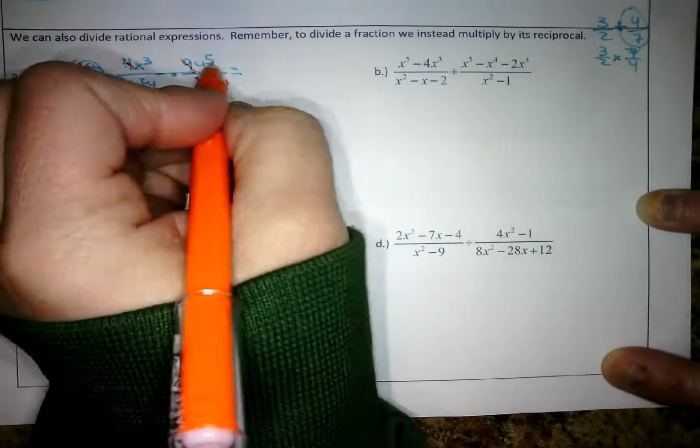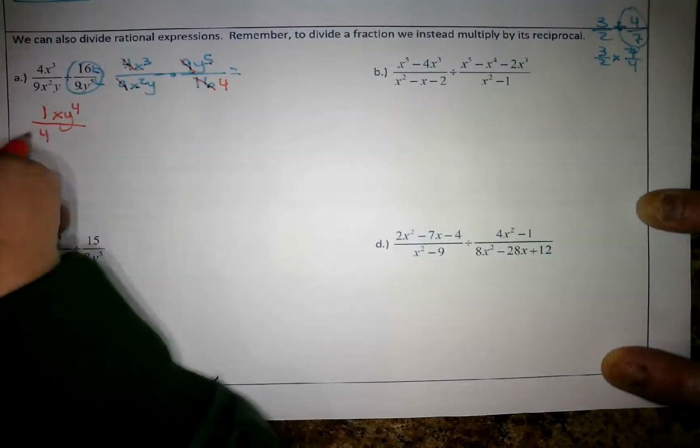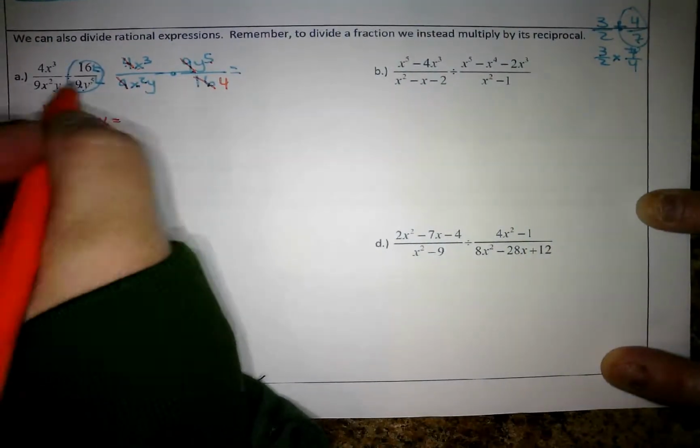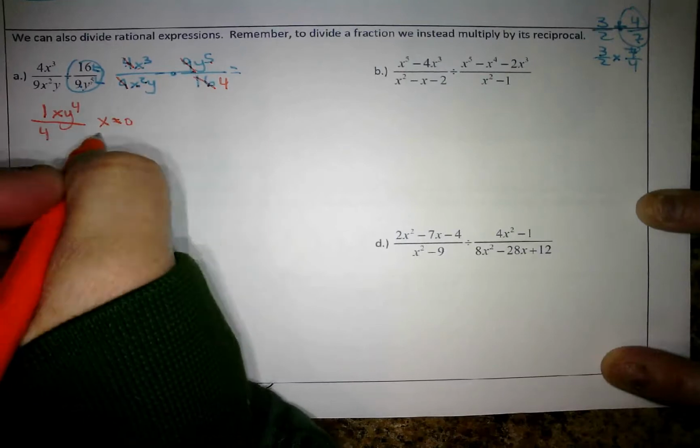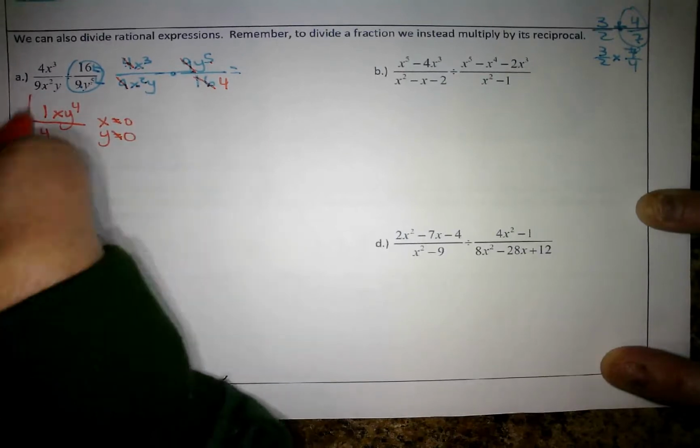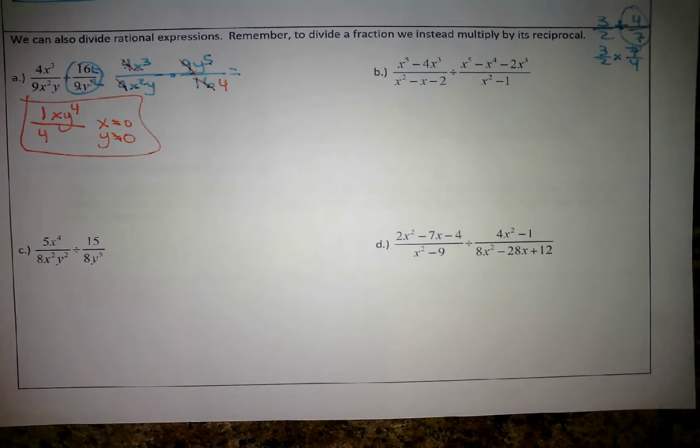And y to the fifth and y leaves me with a y to the fourth. And remember, there are no polynomials down here, so x cannot equal 0 and y cannot equal 0, because those are the two variables in the denominator. So that's just another way of doing it, a little bit easier.